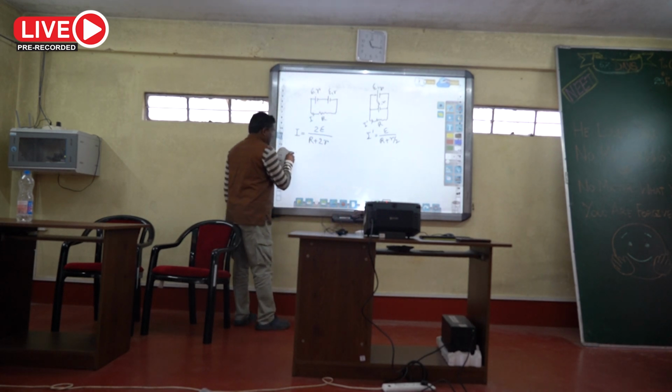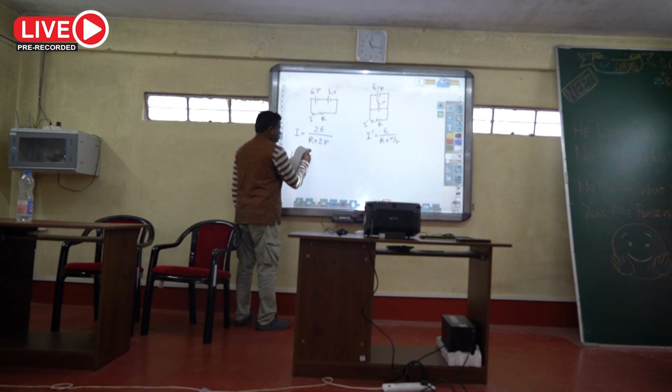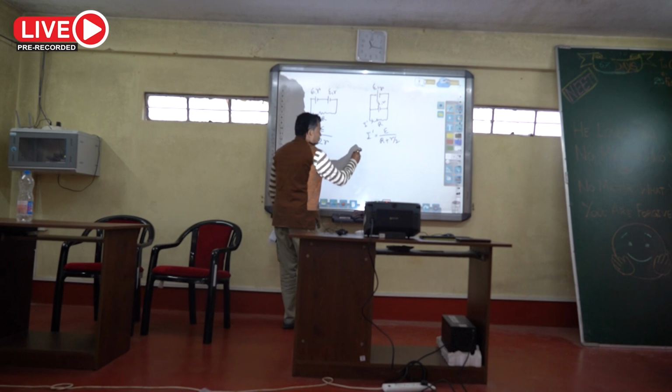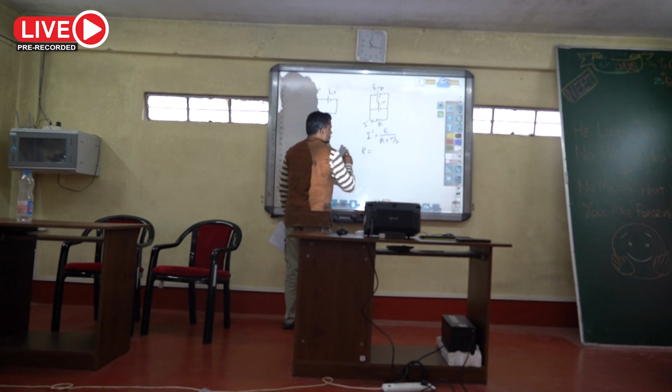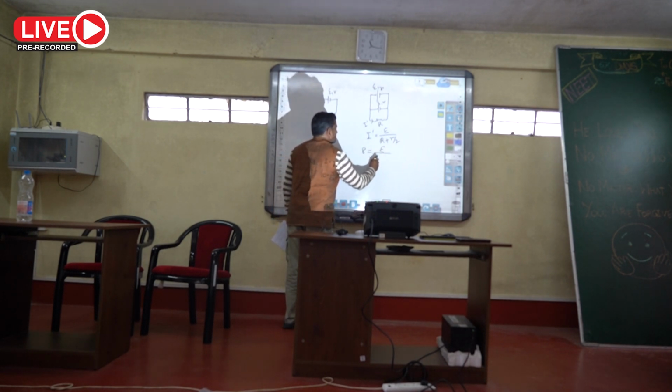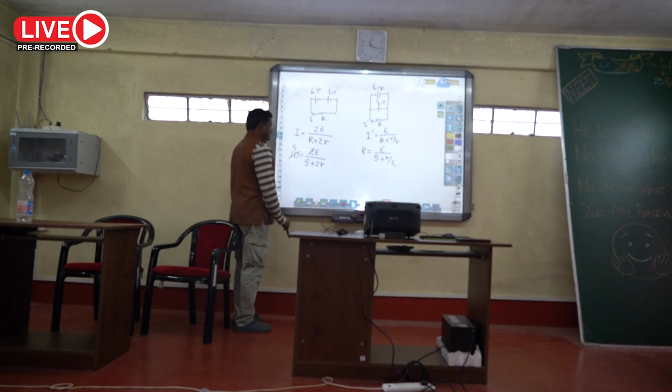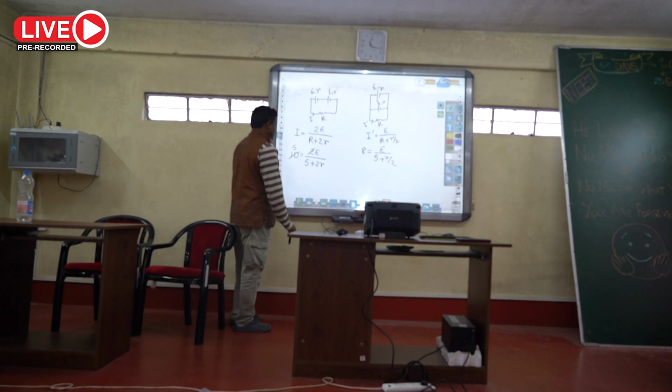This one is 10 equal to 2E divided by 5 plus 2r. Second one here, 8 ampere current flows equal to E by 5 plus r by 2. So I can cancel, one will be 5.